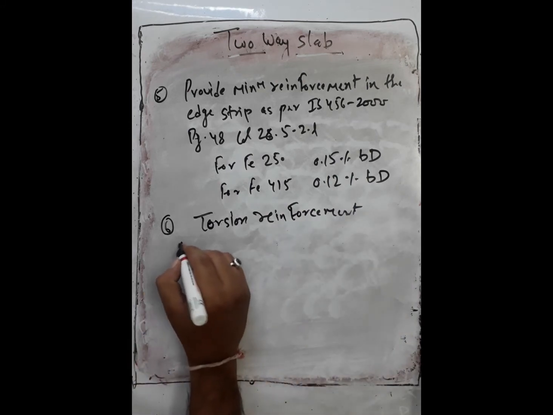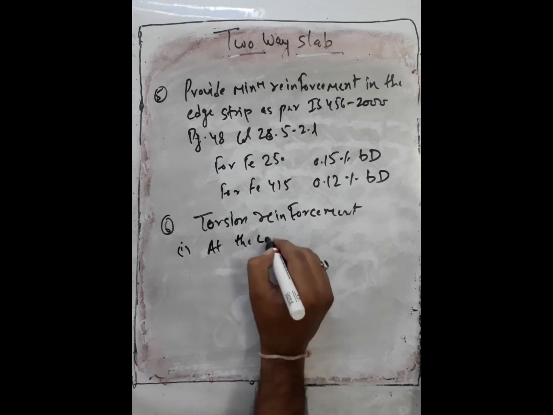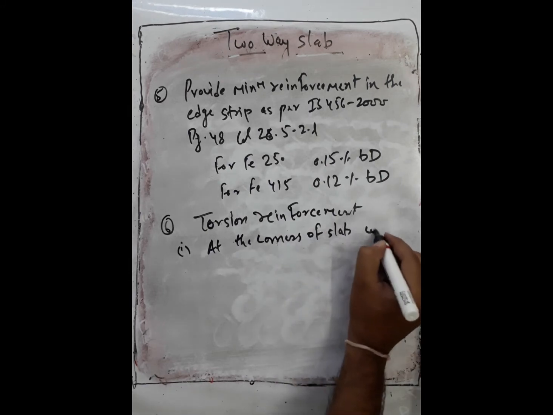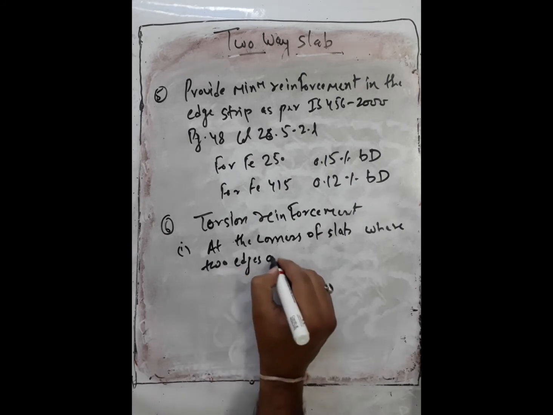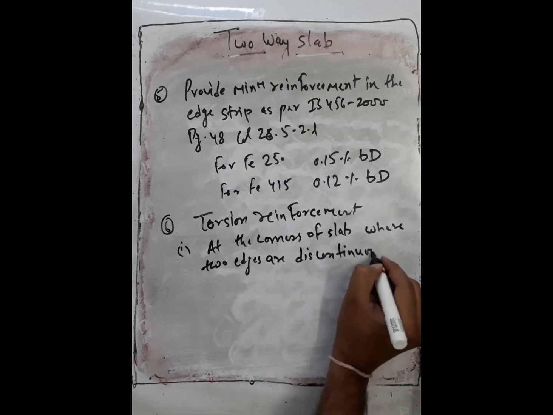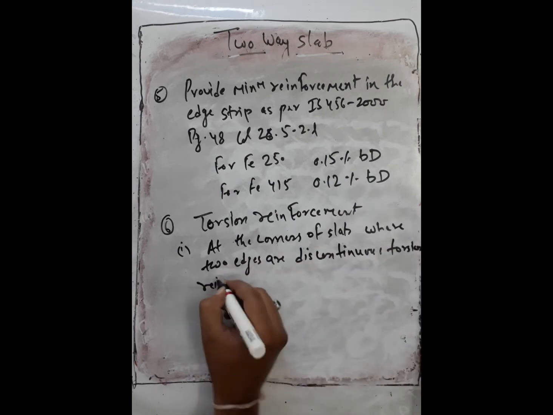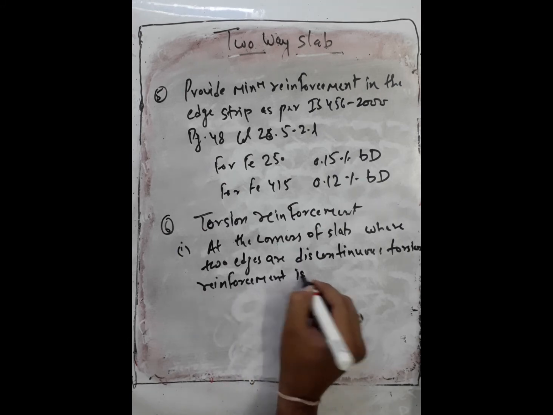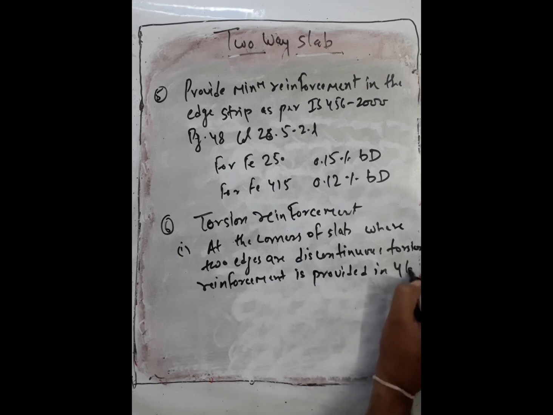Okay, so in torsion reinforcement, at the corners of slab where two edges are discontinuous, torsion reinforcement is provided in 4 layers.